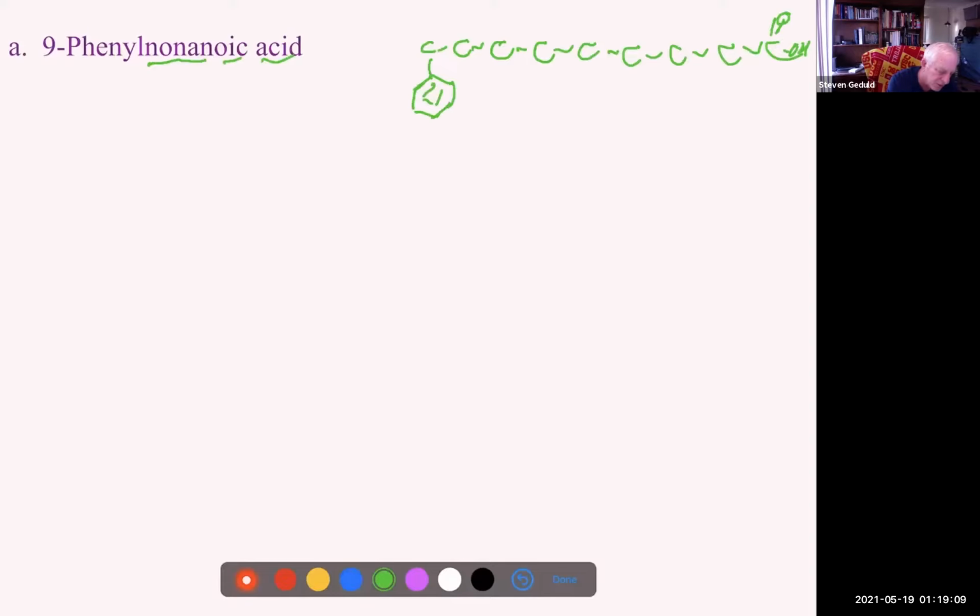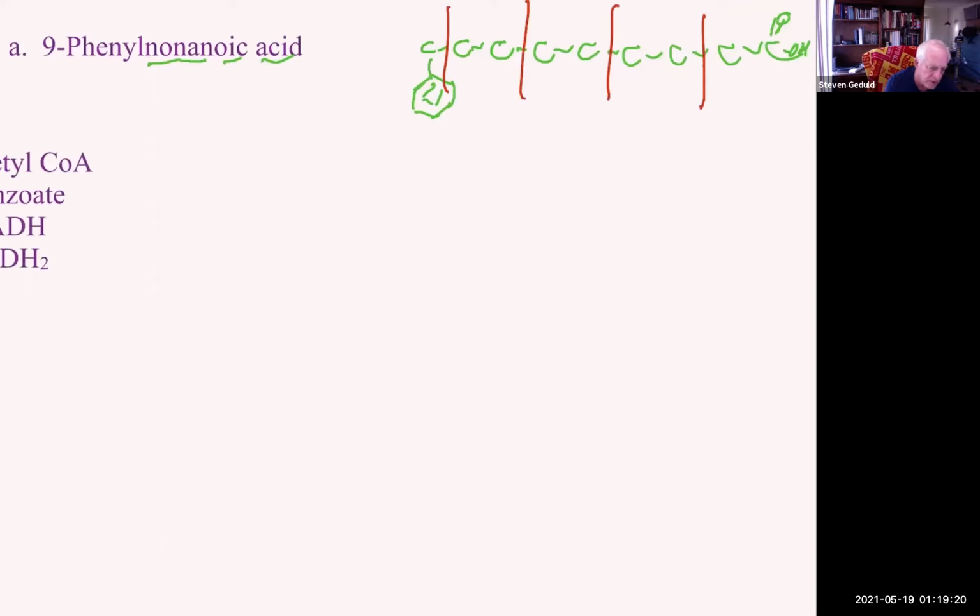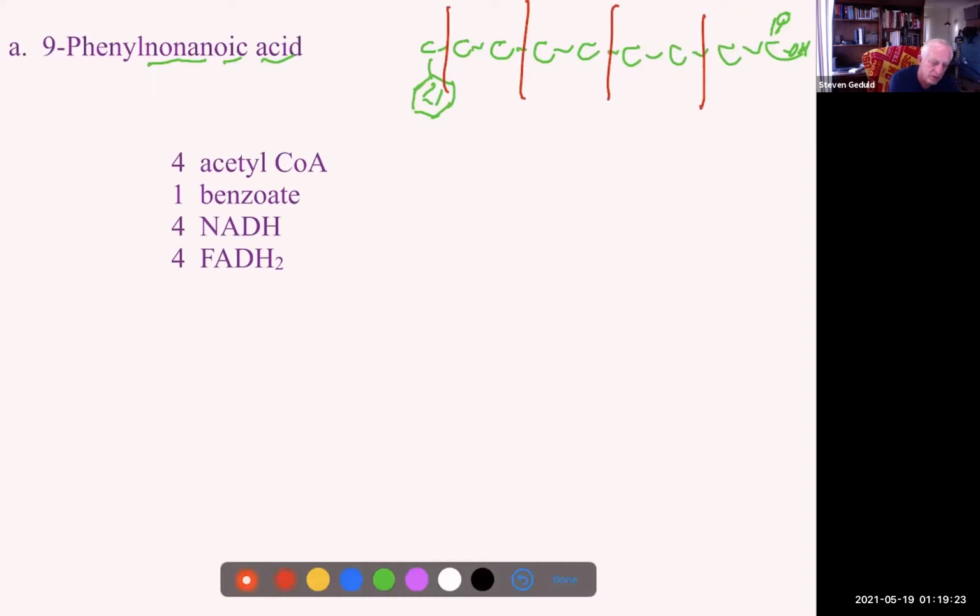So we're going to break those bonds, 2 carbons, 2 carbons, 2 carbons, and then 2 carbons. So you're going to end up with 4 acetyl coenzyme A's right here, 1, 2, 3, 4. Those are your 4 2-carbon units. You're going to have 1 benzoate, this is your phenyl group bonded to carbon.